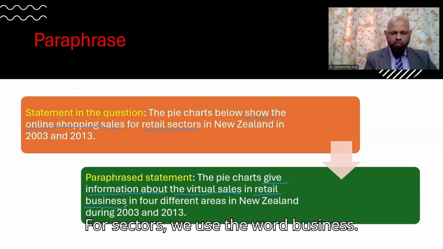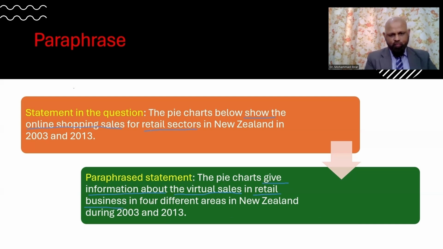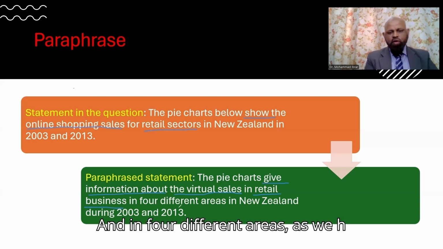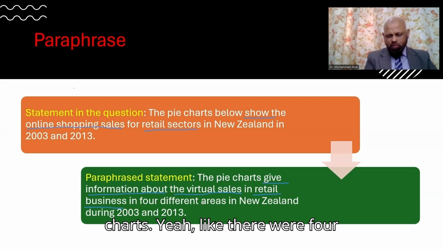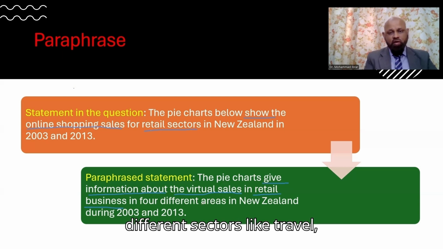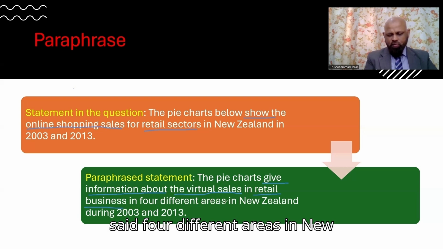For sectors, we use the word business. And in 4 different areas, as we have looked at the 2 pie charts, there were 4 different sectors like travel, music, clothes, and books. So I have said 4 different areas.